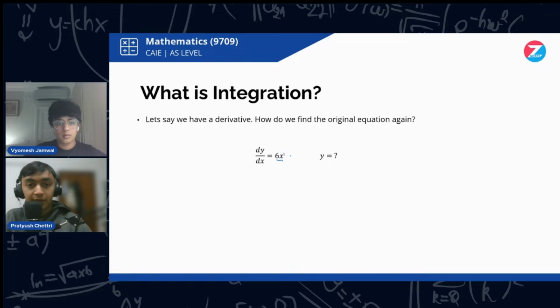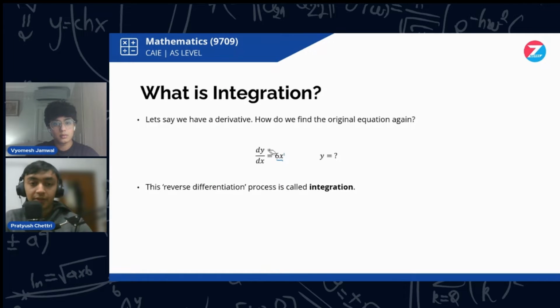So 6x to the power 1, I'm going to increase the power of x by 1. So x squared. And I'm going to divide by 2. This gives me 3x squared. But we'll find out later you have to add plus c as well. Well, I'll show you why in just a minute. Here we're just looking at the basic concept.